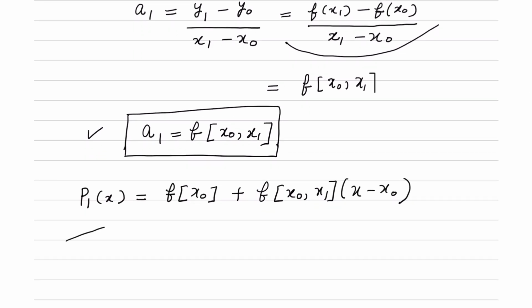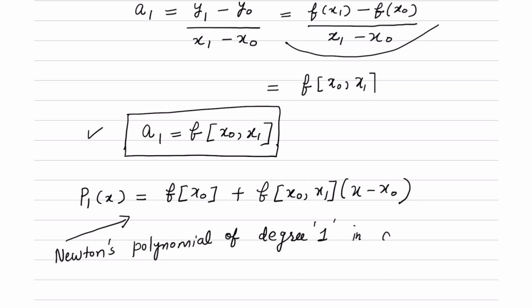Now this is Newton's polynomial of degree 1 in divided difference notation.